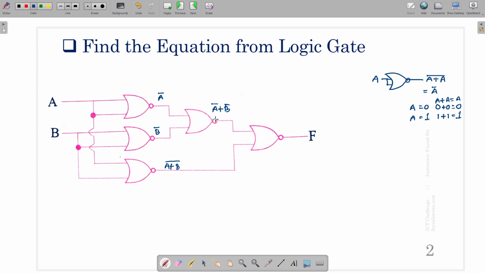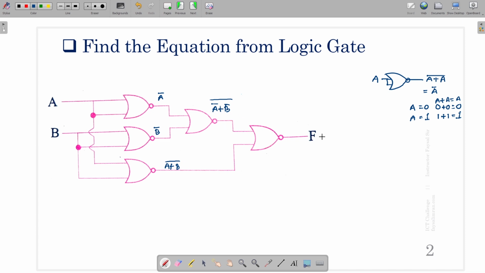Now this NOT logic gate gives a bar for the whole equation, so you will get A bar plus B bar whole bar, right? From this logic gate we will get A bar plus B bar whole bar, because we have A bar and B bar for this input. Also we have another logic gate, this is also a NOR logic gate, that means we have to add again the value, this one and this one.